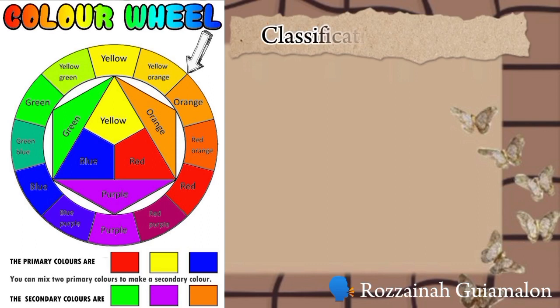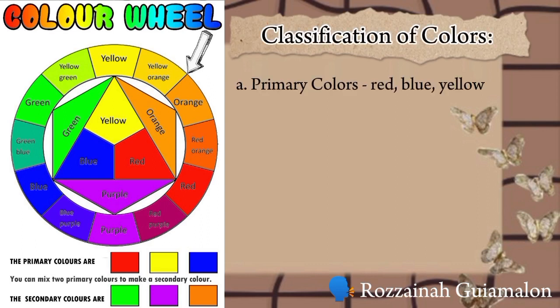Ang unang classification ng colors ay primary colors. So makikita natin dyan sa ating color wheel na yung sa triangle shape, yan sila yung mga primary colors. So ito na yung mga colors na red, blue, and yellow. Sa traditional color system, ang primary colors ay yung mga pangunahing kulay na hindi maaaring mabuo sa pamamagitan ng paghalo ng iba pang mga kulay.